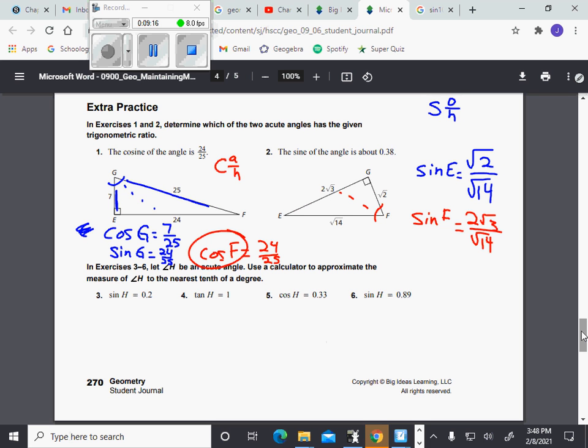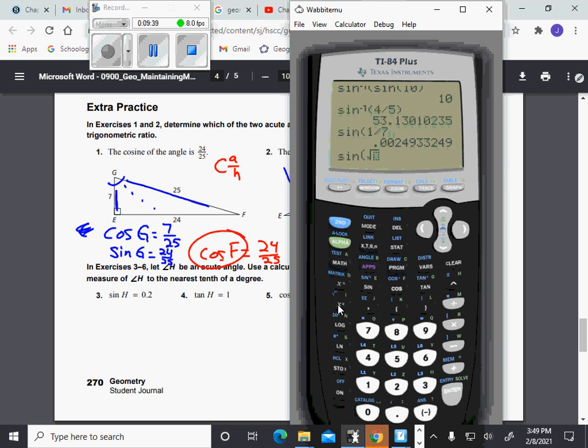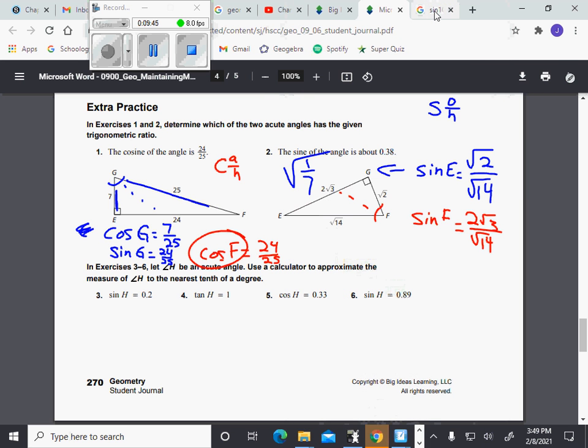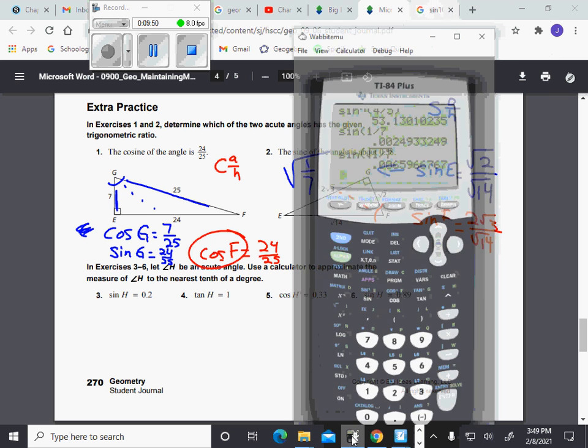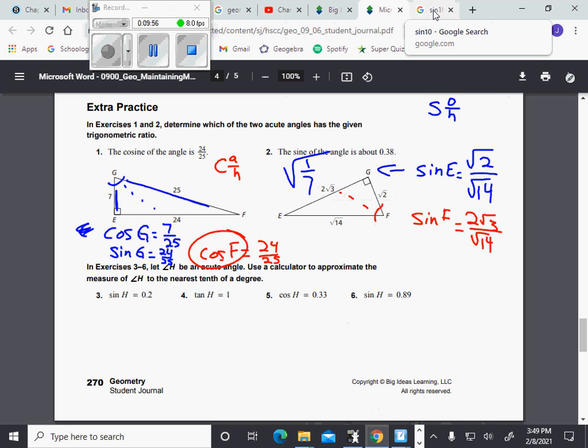So we have to find out which one is 0.38. The sine of E, we can also write it as the square root of 1 over 7. Okay, so let's find this out. The square root of 1 divided by 7 is equal to 0.377, which is about 0.38.